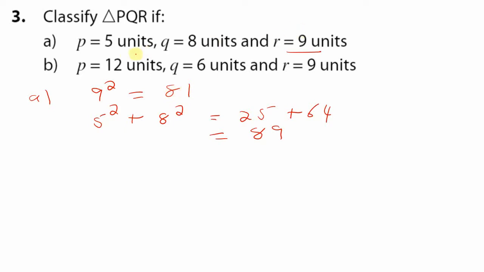Since all the sides are different lengths, it has to be a scalene. So PQR is an acute angled scalene triangle.